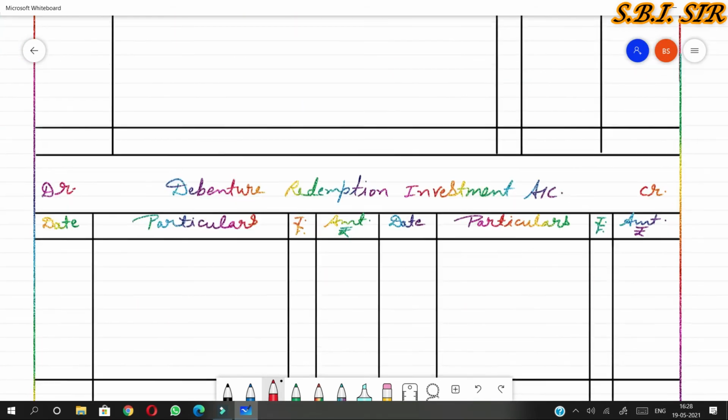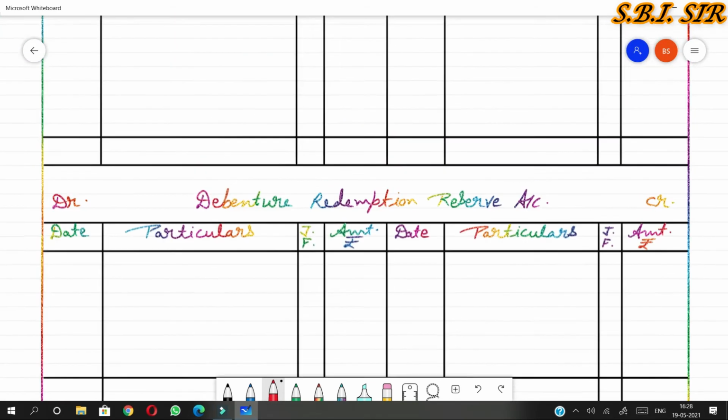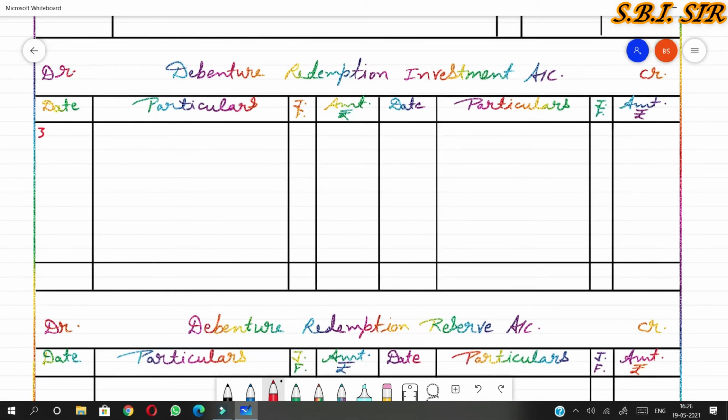So entry will be transferred as on 30th 4/19 to bank account 3 lakh, and credit side when we will sell them by bank account 3 lakh, then total 3 lakh and 3 lakh.